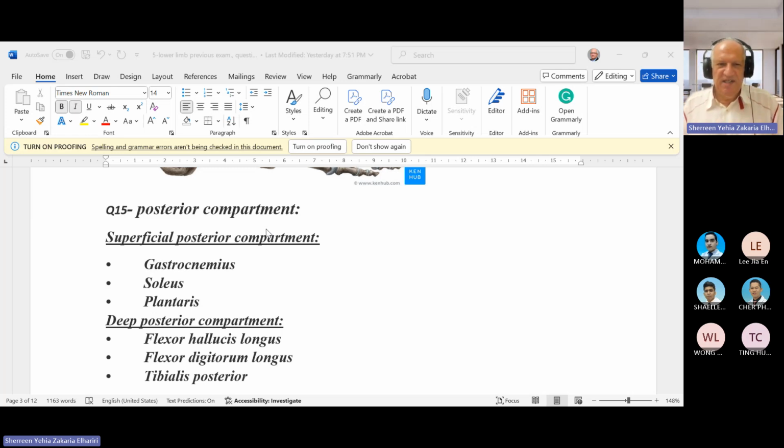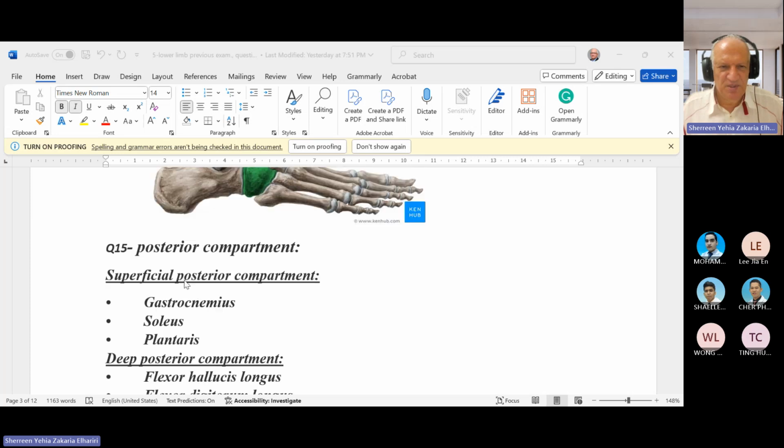The superficial group is gastrocnemius, soleus and plantaris. Plantaris may be present, maybe not, like palmaris longus in the upper limb. The deep posterior compartment is flexor hallucis longus, flexor digitorum longus, and tibialis posterior. Just remember this: gastrocnemius, soleus, flexor hallucis, flexor digitorum, tibialis posterior.